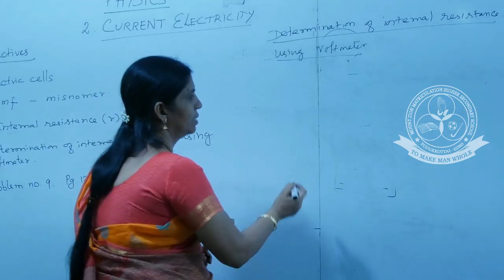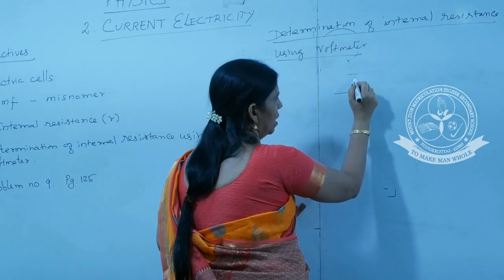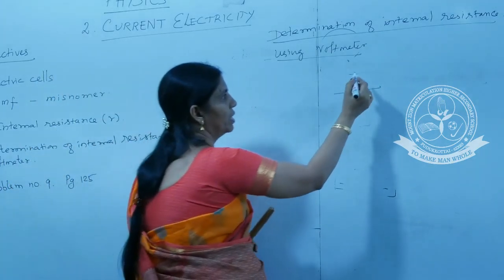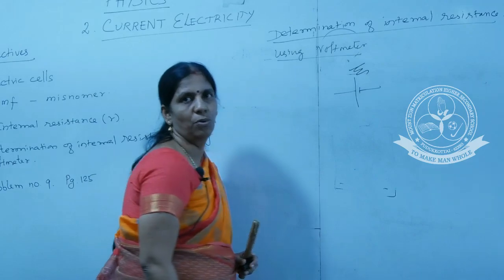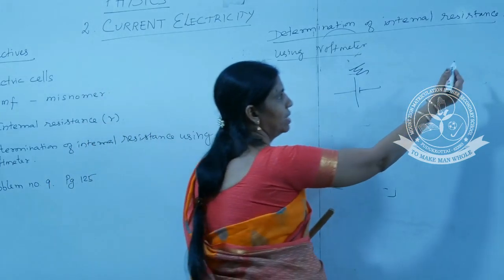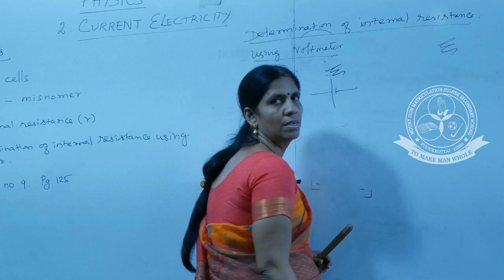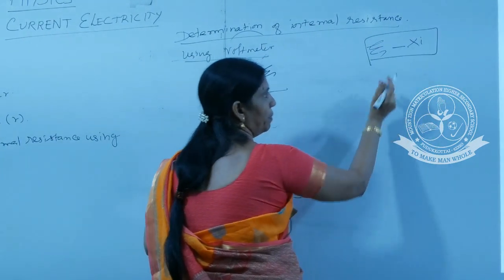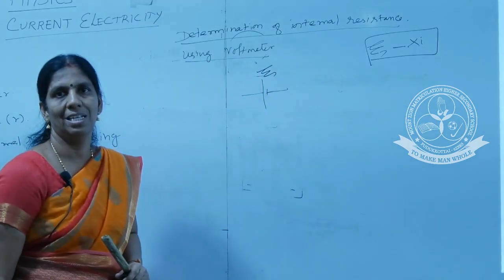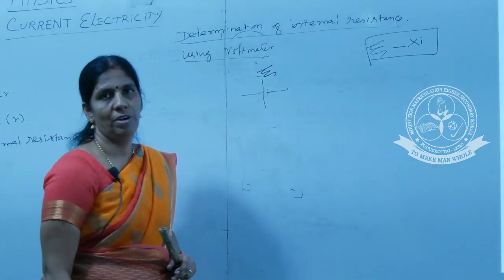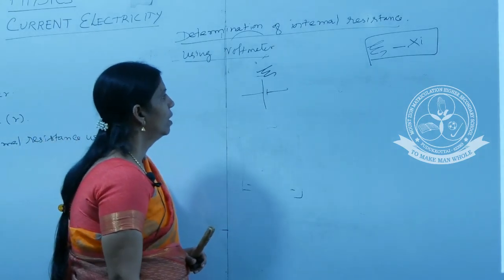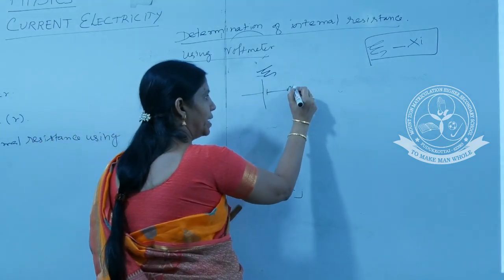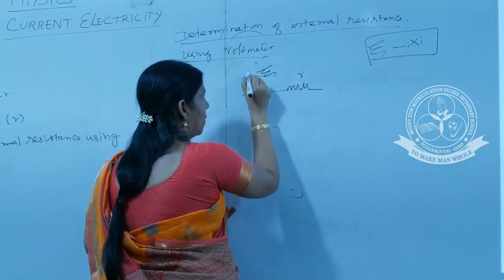Now, let us see the circuit. It is a cell with an EMF, which is denoted by the symbol Xi. Throughout this lesson, you will be using the symbol Xi for EMF. So, let us take a cell of EMF Xi having an internal resistance small r.